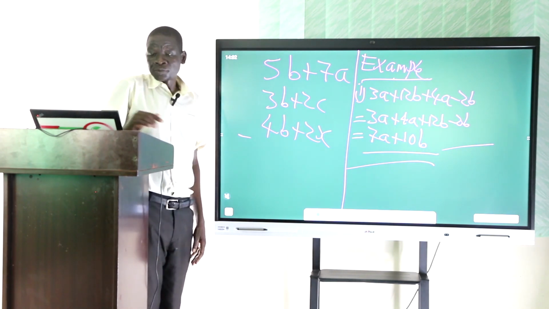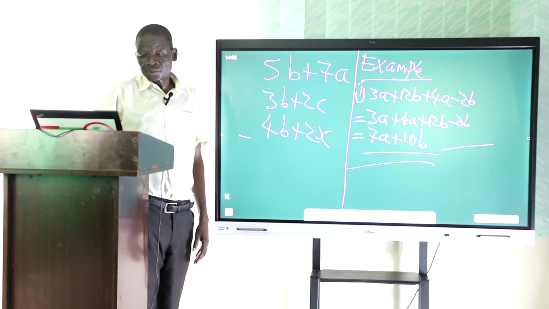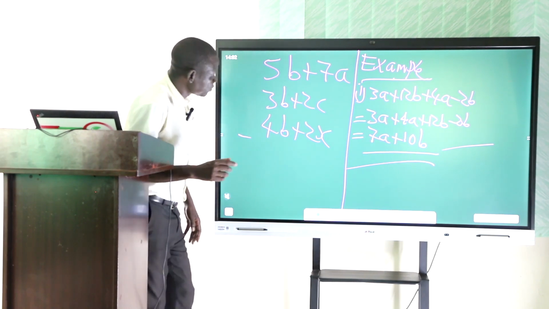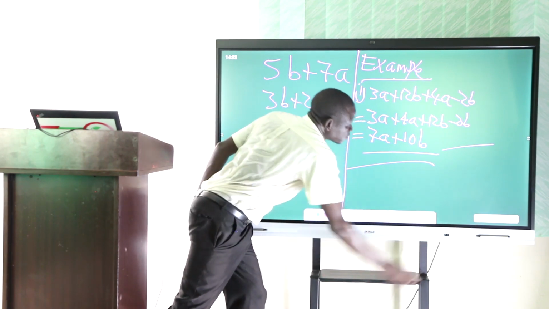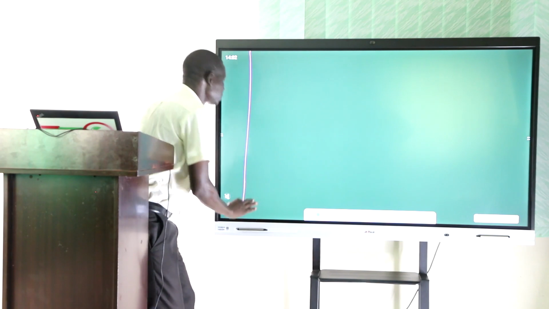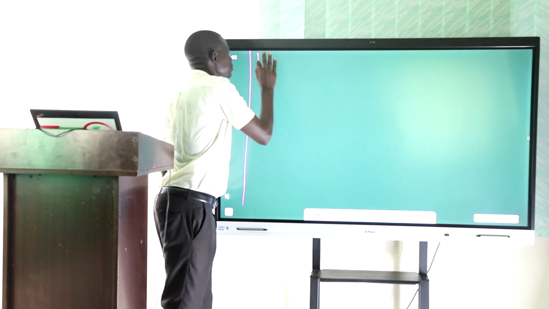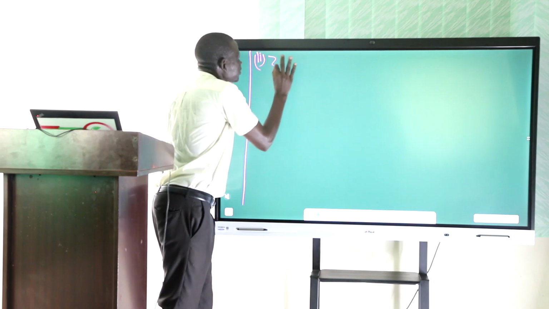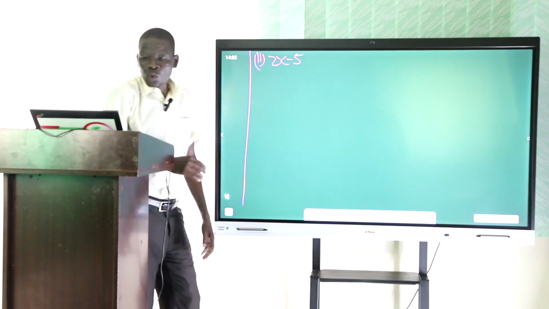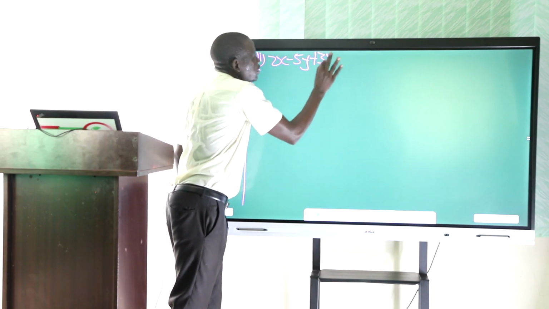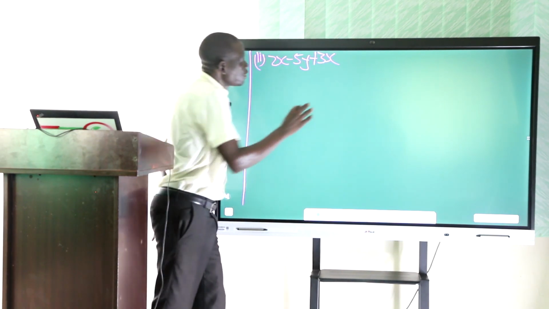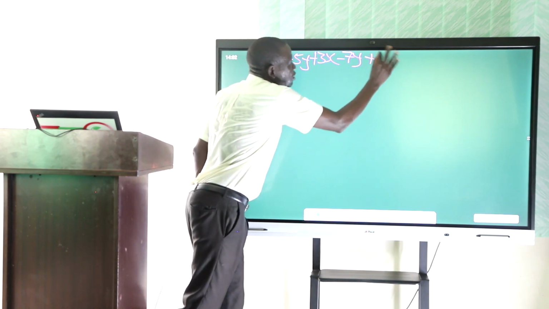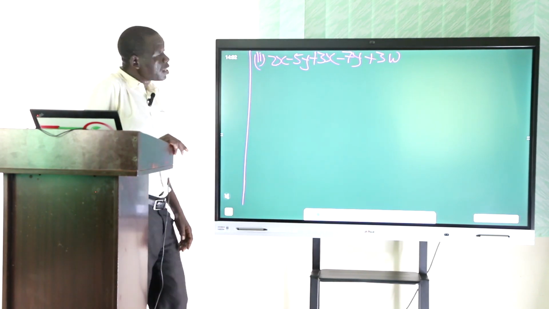We can have another example also. Example 2, we have 2x minus 5y plus 3x minus 7y, then plus 3w.